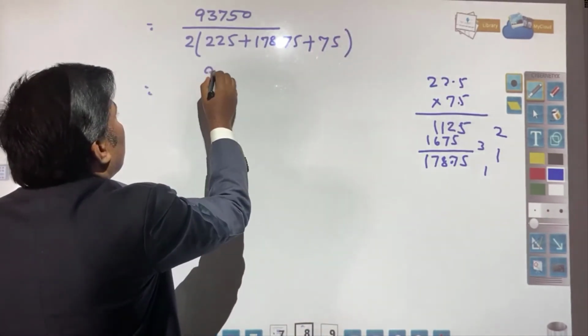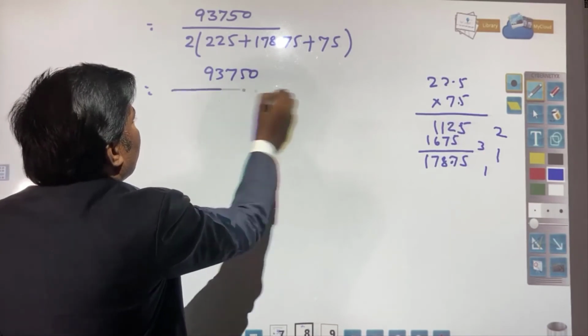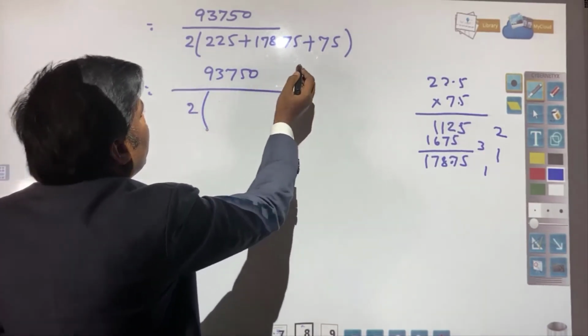So again 93750 divided by 2 into this we need to add.